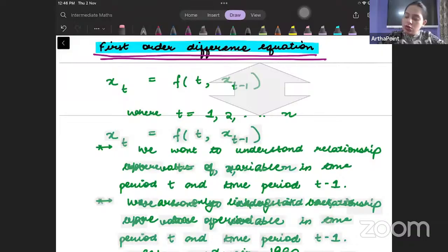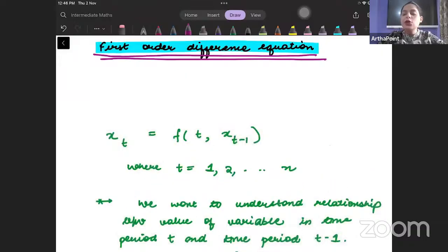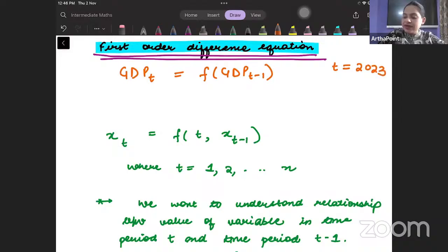So try to understand this thing. Suppose I tell you that GDP of this year depends on GDP of the previous year. Let me take some values. Suppose t is equal to 2023. So I am saying GDP of 2023 depends on GDP of 2022.